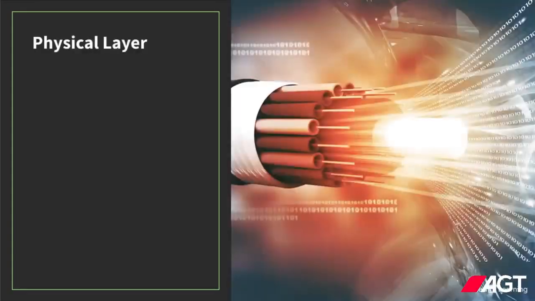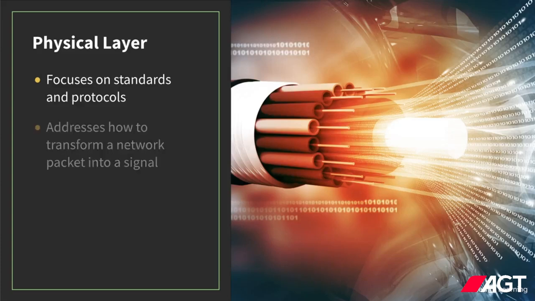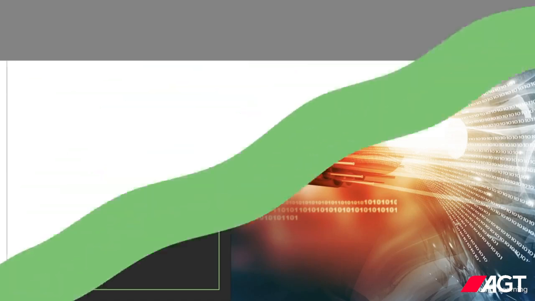For example, the physical layer focuses on standards and protocols that address how to transform a network packet into a signal depending on the medium to be used for transmission. As I have already mentioned, electrical signals, light pulses, and air are popular media options.